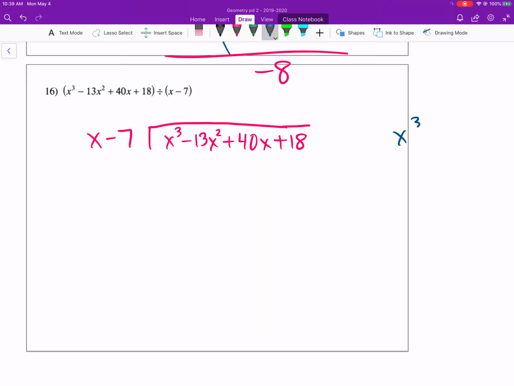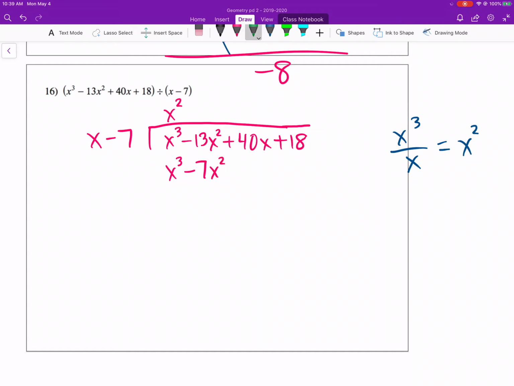X cubed, first terms, divided by x. That's x squared. So you throw that x squared up top. Now x squared times everything. X squared times x is x cubed. X squared times -7 is -7x squared.